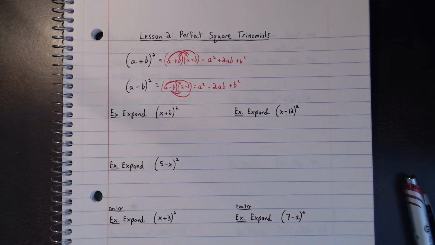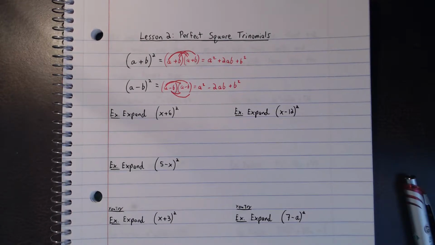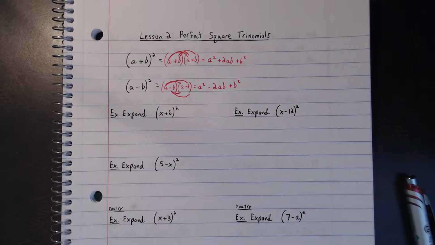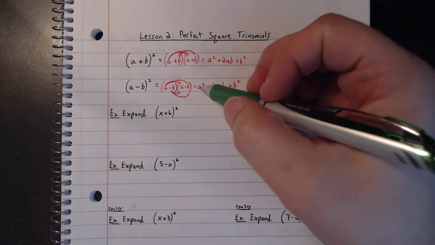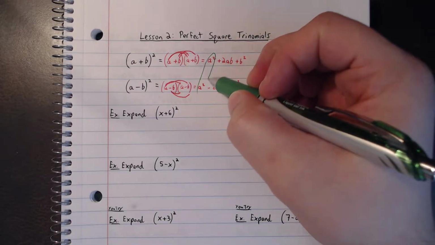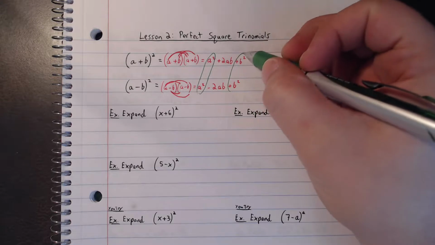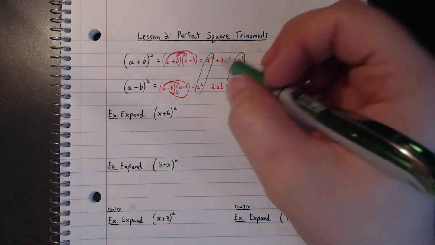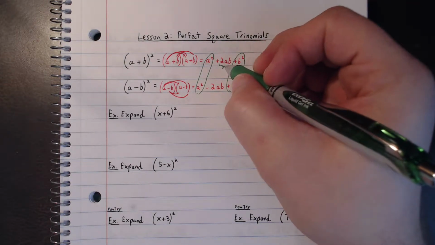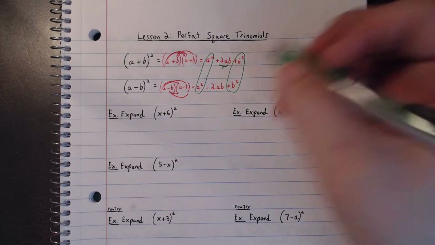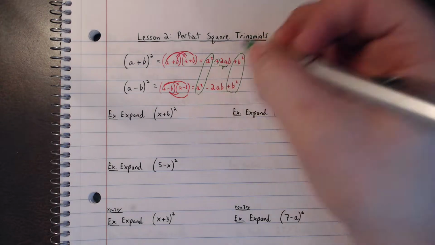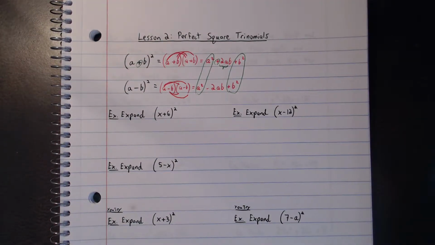Now, why did I take the time to do that? Because with these perfect square trinomials, and notice it didn't matter what values we chose, what ended up happening in both situations was we squared the a term, we squared the b term, notice they're both positive, and our middle term we took 2 times a times b. And we kept the sign of whatever sign we had on b.